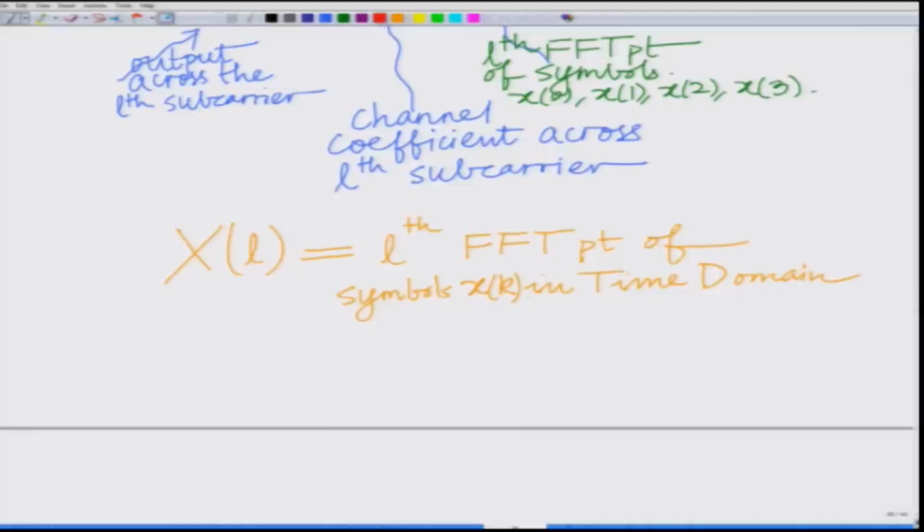Which means XL is the n-point FFT of them. How do we generate these XLs?